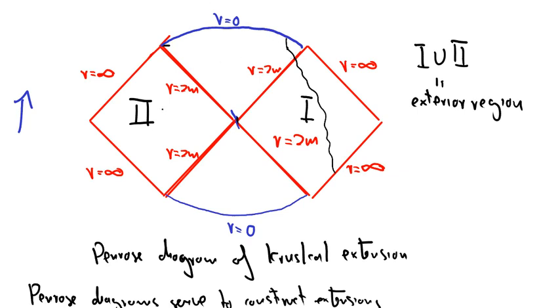The same happens for any observer who starts in region 2. So the bottom line is that an observer who leaves either region 1 or 2 and enters these other regions, which we will call region 3 and region 4, can no longer return to region 1 or 2.